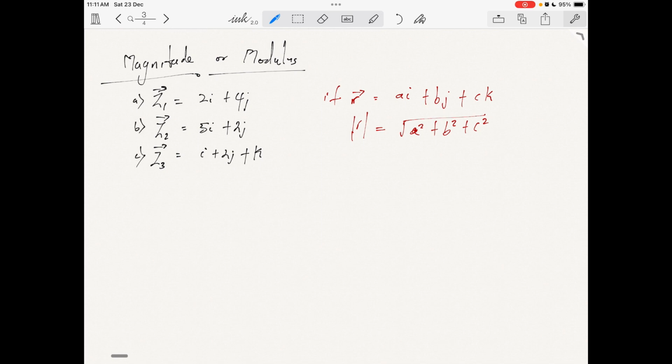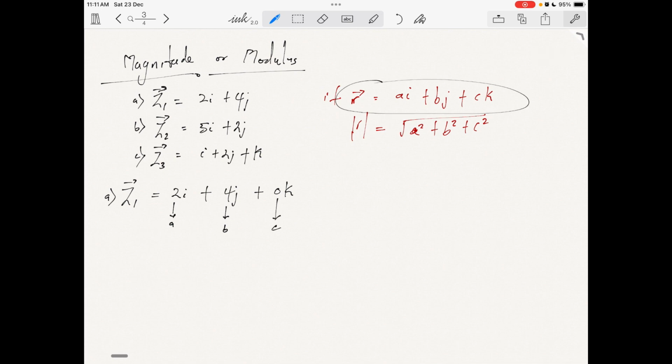Now let's apply it to these vectors. z1 doesn't have a k component, so we can rewrite z1 as 2i plus 4j plus 0k. So in comparing to this format, this is our a, this is our b, and this is our c.